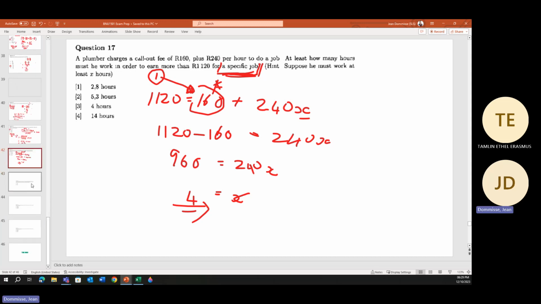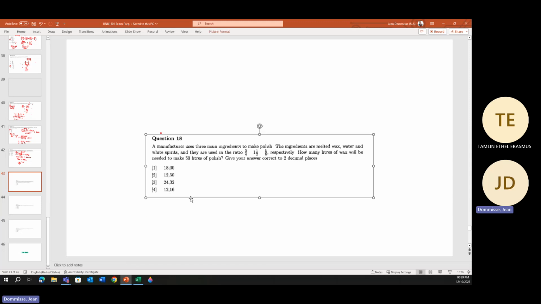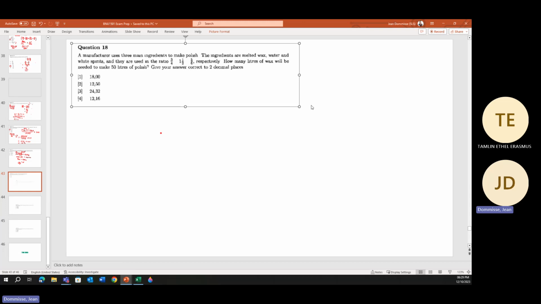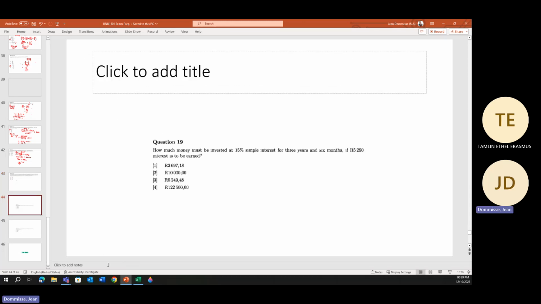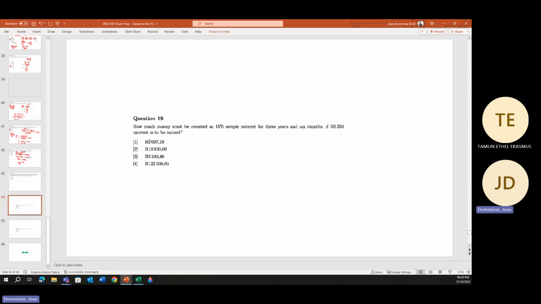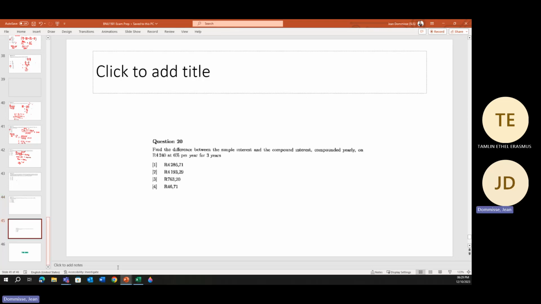Okay, we've got a few more, so let's look at the last three questions. I think one of them is ratios, one of them goes into some of the financial maths with simple interest, and the last one, I think we're just doing compound interest.